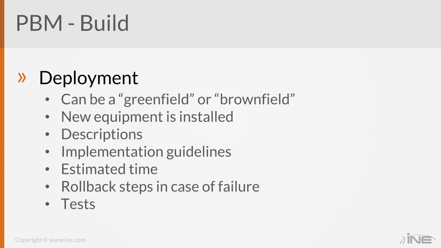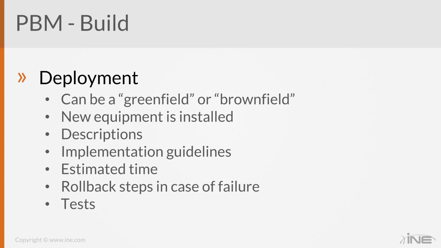So new equipment is installed during the deployment phase. Descriptions, so everything you do needs to be described, needs to be logged. Implementation guidelines, at this point you should have implementation guidelines to follow. Estimated time, yes, because you will have to meet your maintenance windows.